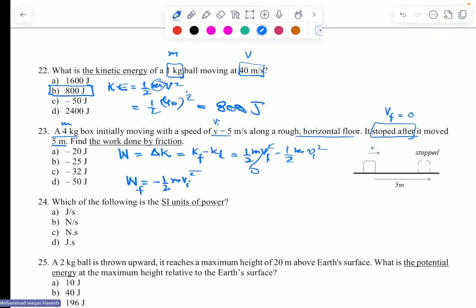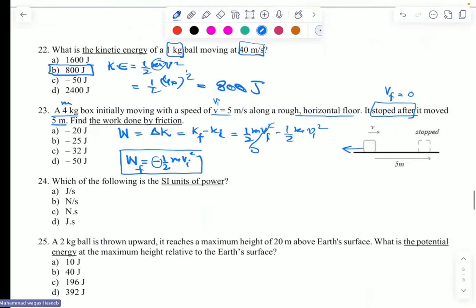This work done is due to the friction, and you see that it is a negative sign, so it is always opposing the motion of the object, because the work done is nothing but force times displacement. When we substitute the values, because we have Vi and the distance, the work done is negative 50 joules.